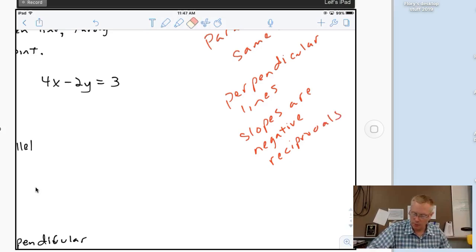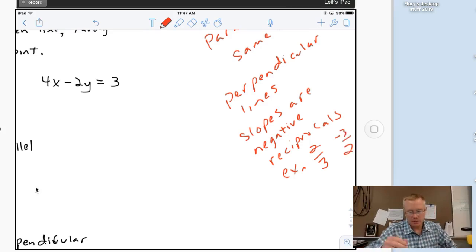So negative reciprocals would be like 2/3 and -3/2, where you flip the fraction upside down and change the sign from positive to negative.